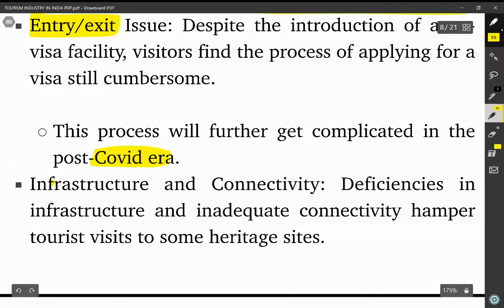Next important point is infrastructure and connectivity. What is this about? The deficiencies in infrastructure and inadequate connectivity hamper the tourist's visit to some heritage sites.